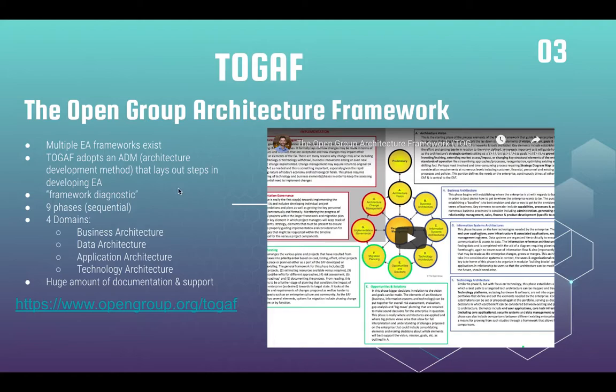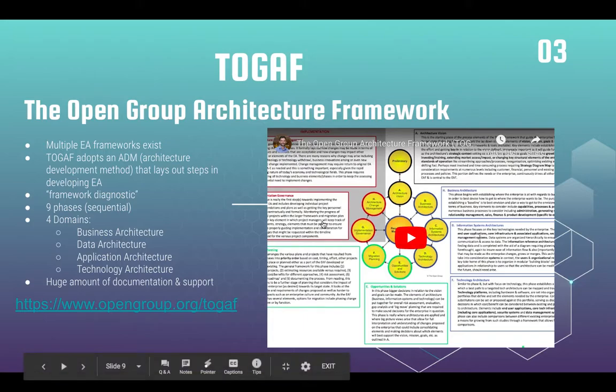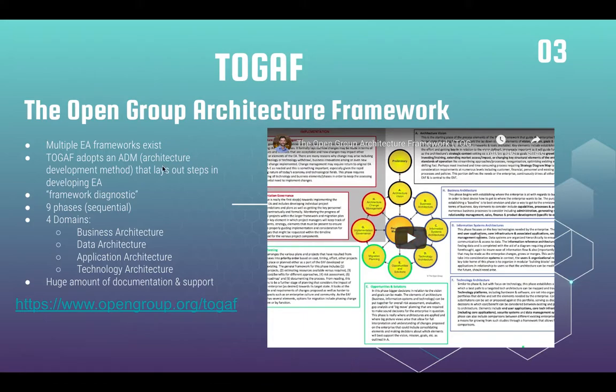It consists of 9 sequential phases and 4 domains within the planning phase. So we've got a business architecture focus, a data architecture focus, an application architecture focus, and a technology architecture focus. And if you click on this link, you can see the description of those different elements.